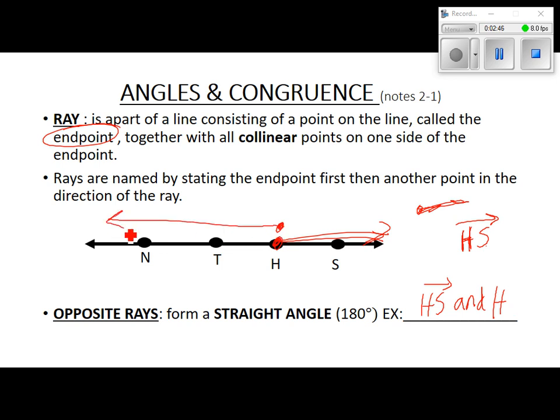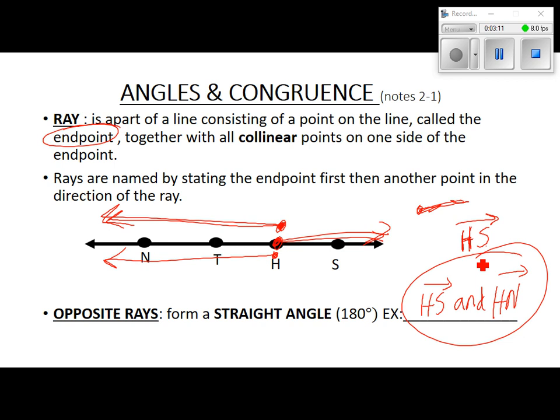Now, when we name it going out that way, what's the other letter that we use? We could use N. Could use T. HN tells us we start here and we go out through N. HT tells us we start here and we go out through T. Did I just do the same thing on both those? Yeah, so it didn't matter which letter the second letter was in that case.